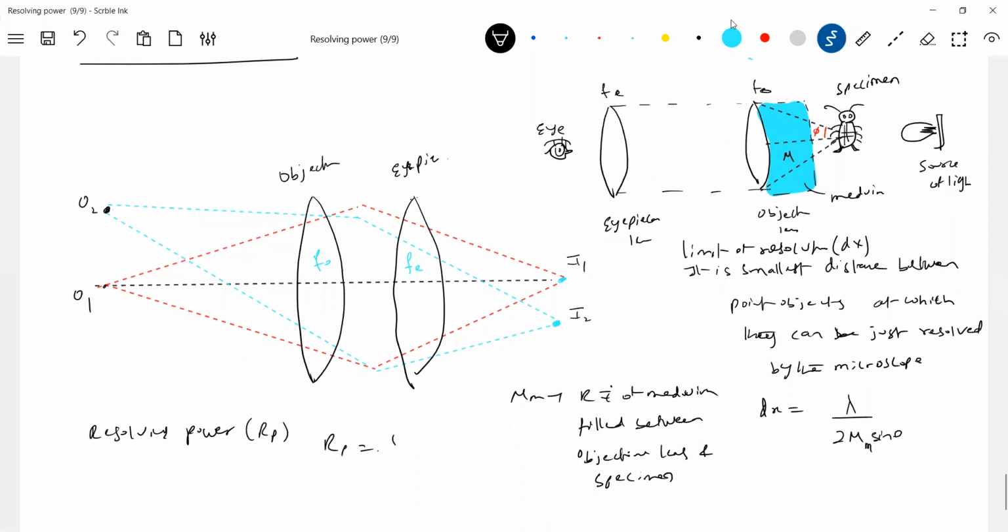So what is RP equal to? 1 by dx, which should be equal to 2 mu m sine phi, where that mu m sine phi is called the numerical aperture.